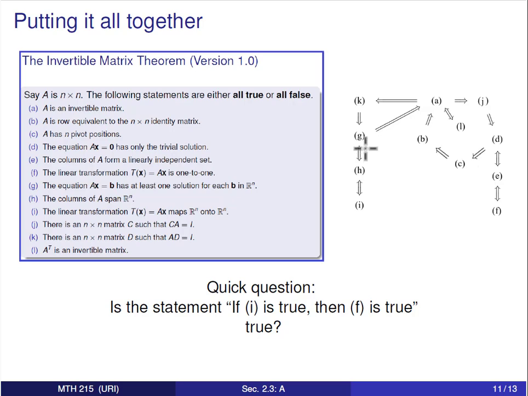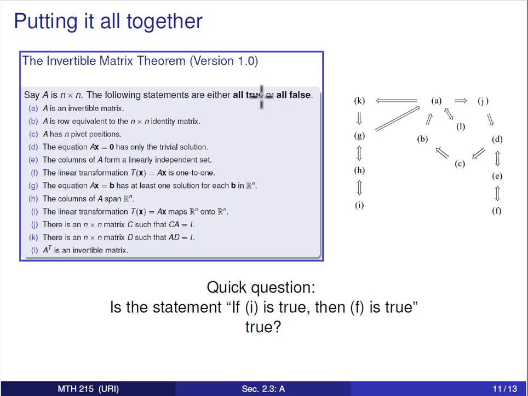If H is true, then G is true. If G is true, then A is true. If A is true, then J is true. If J is true, then D is true. If D is true, then E is true. And if E is true, then F is true. So yes, if I is true, this chain of implications establishes that statement F would also have to be true.